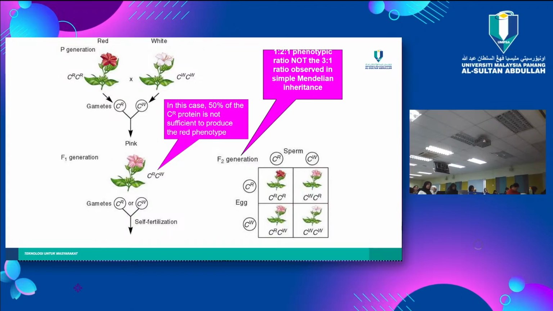So this, the pure breed, is going to give you the red color, and then this is going to give you white color.